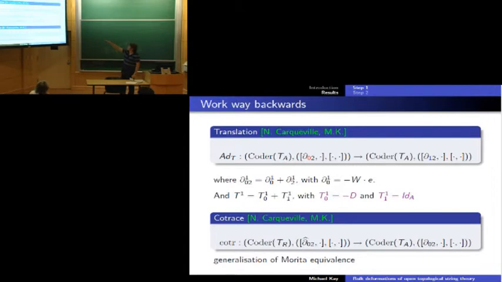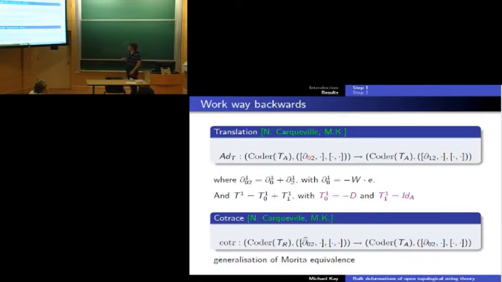So now we are there with our curved associative algebra, and we can go backwards to coderivations of T R, where R is just the polynomial ring. We map this curved associative algebra to a commutative curved associative algebra via a graded version of the cotrace map, and this is a generalization of Morita equivalence.